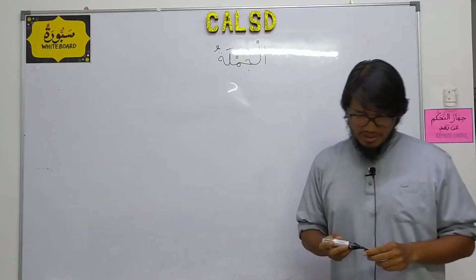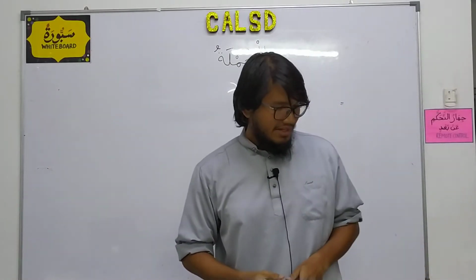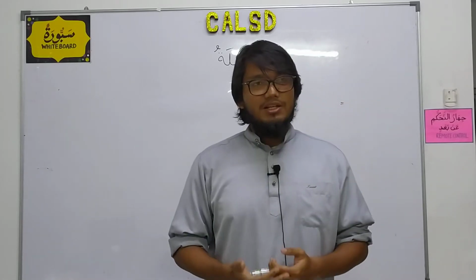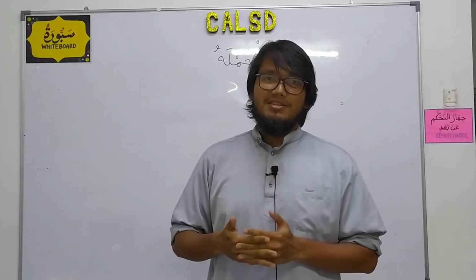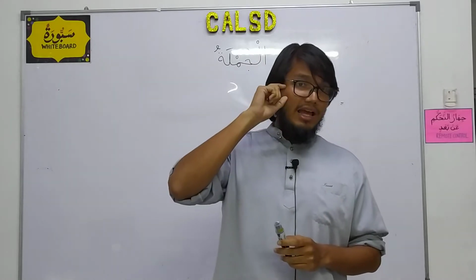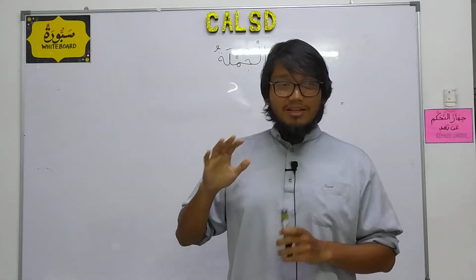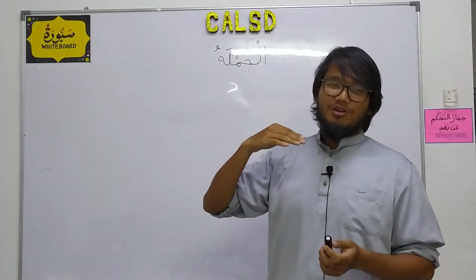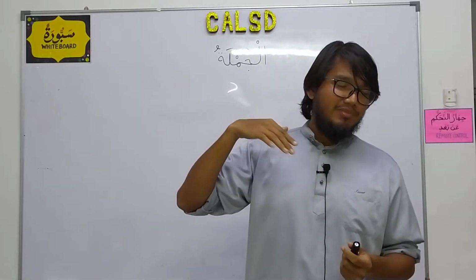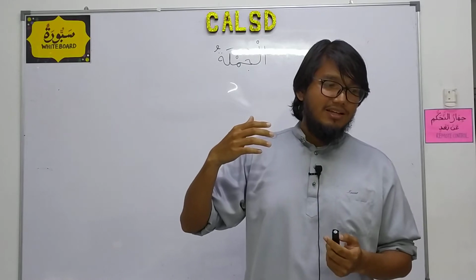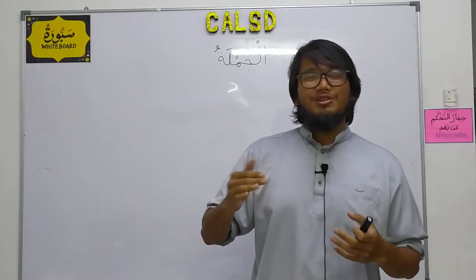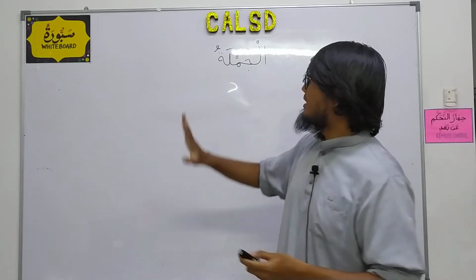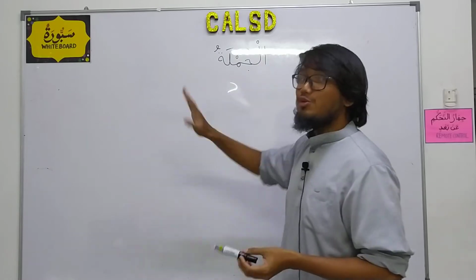So sentences in Arabic, and this is for me personally one of the best things in Arabic, every single sentence in the Arabic language will not run away or be far. It will always be one of these two actually.